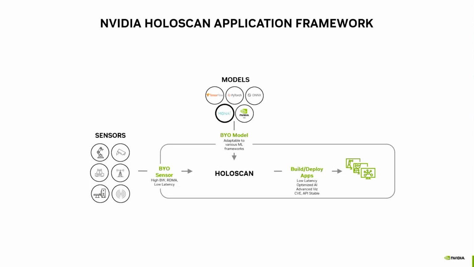So there were 3 goals in mind when we built Holoscan: production readiness, performance, and usability. We built it by abstracting away the complexity, giving you easy-to-consume APIs, both Python and C++. We built it to be highly performant.